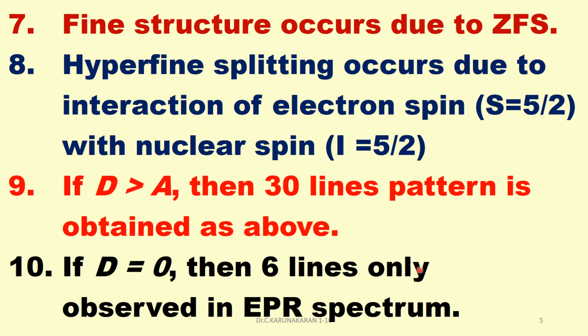If D equal to 0 in the manganese 2 plus ion, how many lines are observed in the EPR spectrum? Then you will be able to answer how many lines will be observed based on D greater than A or D equal to 0. And also we now understood what is called fine splitting and what is called hyperfine splitting. Thank you for watching.